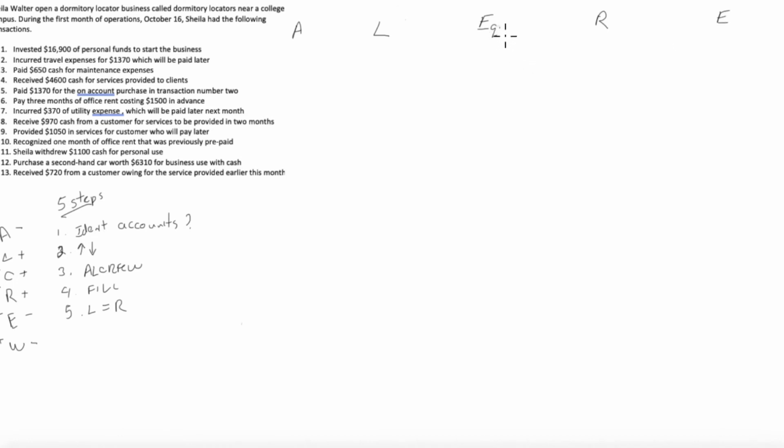And under equity, right, with a 2, is capital and withdrawals. All right. So we know assets from here.